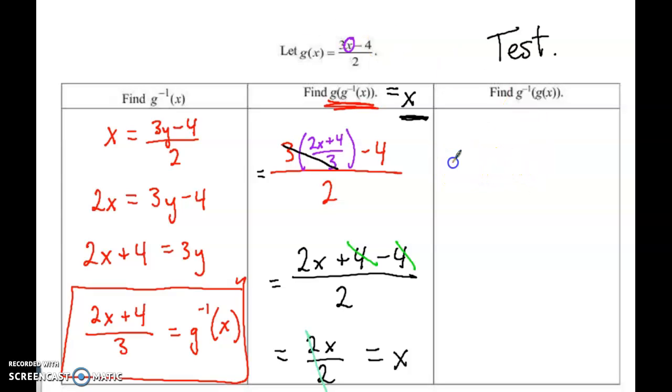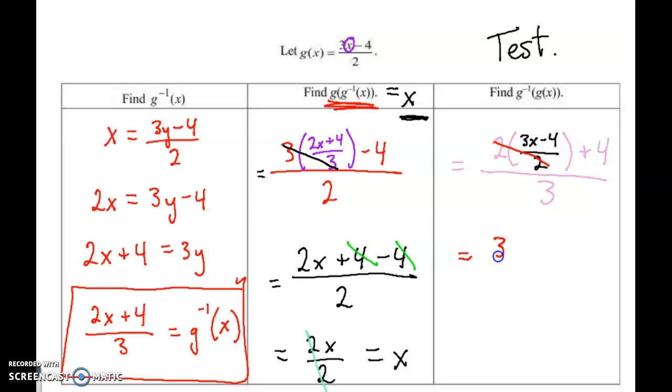Well, let's try. So if you accidentally switch g inverse and g around. So g inverse is that 2x plus 4 all over 3. And then you're going to replace x with the original function, that 3x minus 4 in here, all over 2. So I think the first thing you'll notice, just like before, is those 2's will cancel each other out.